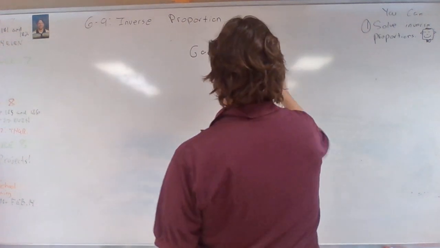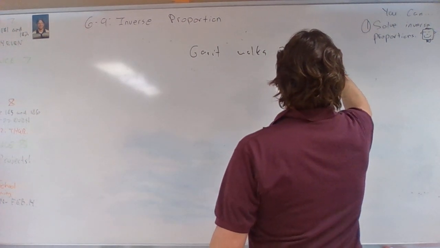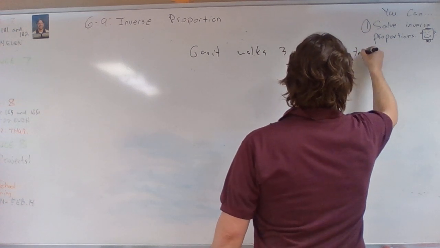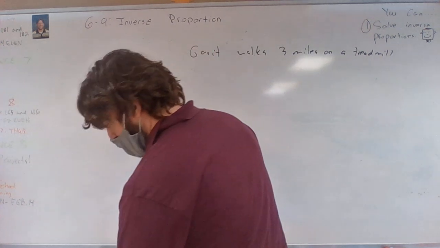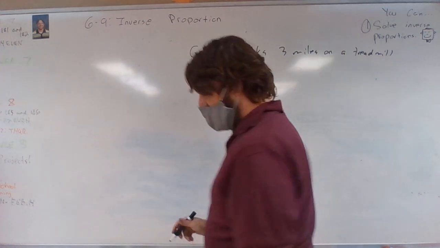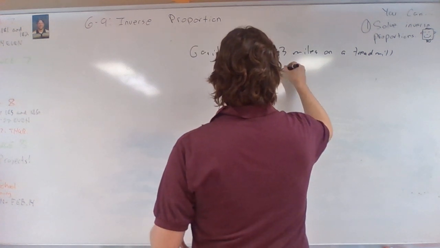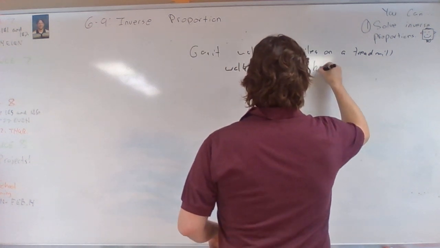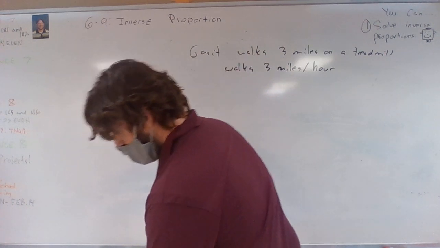Garrett walks 3 miles on a treadmill. He walks 3 miles an hour.